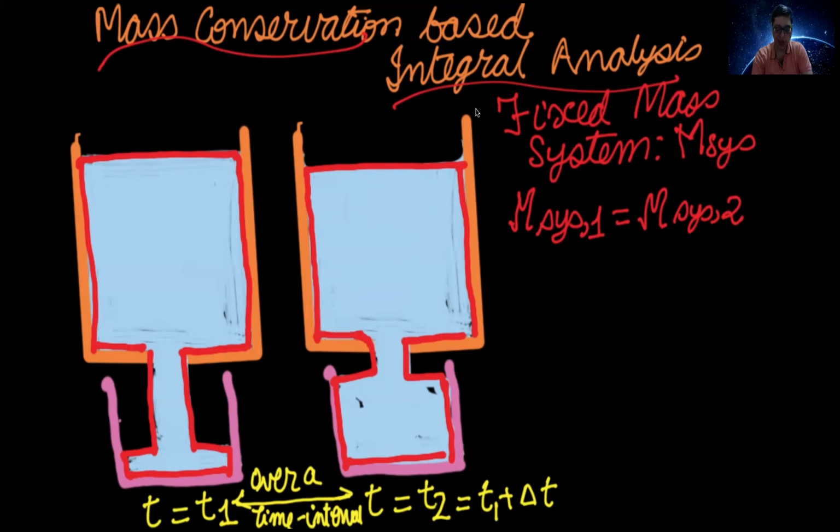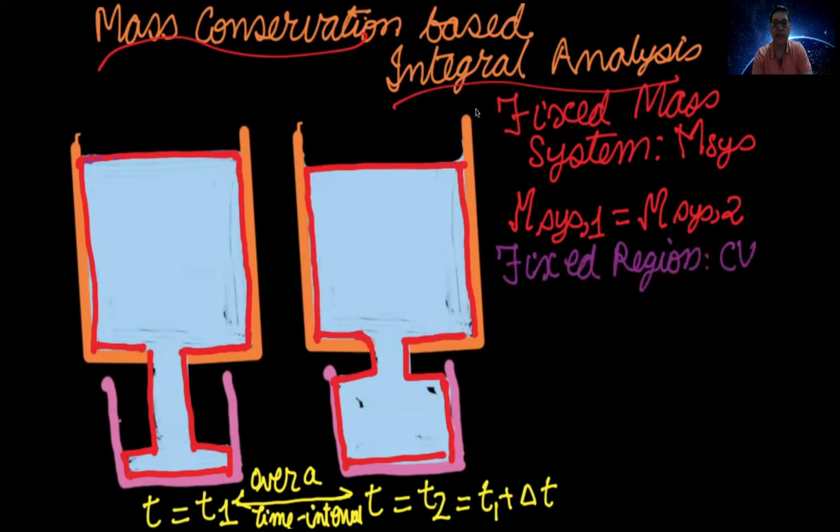The red line shows you the total mass of this liquid at two different time instants, which is equal. However, if we consider a fixed region system, which is called a control volume, then we focus our attention on a fixed region. Let us suppose we decide that we will take this rectangular region as the control volume. Now, when we use a fixed region or a control volume, at a later time instant also, the size of the control volume will remain the same, as shown here.